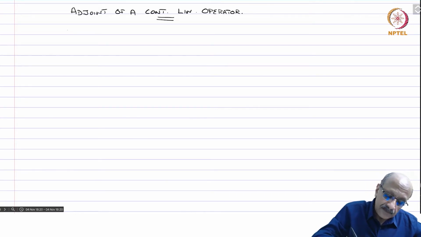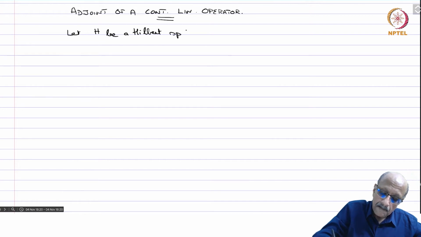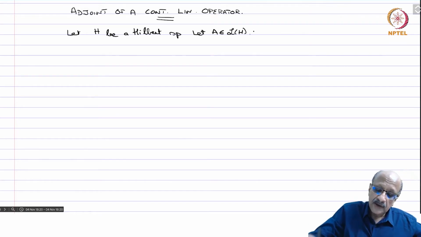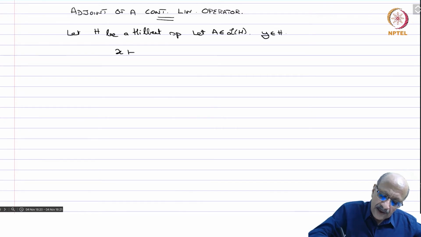So let H be a Hilbert space and let A be a bounded linear operator, or continuous linear operator, on H. That means it maps H into H. So you fix y in H and you look at the map x going to (Ax, y).